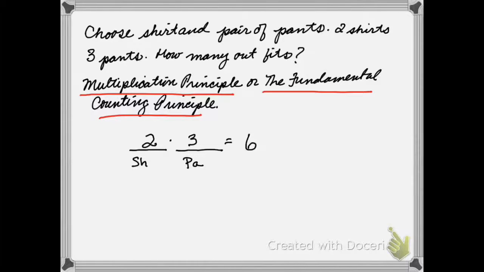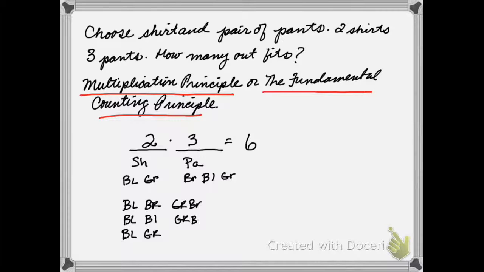If I said my shirts are blue and green and my pants are brown, black, and green, then the way that would be listed out is black shirt, brown pants; black shirt, black pants; black shirt, green pants; and then green shirt, brown pants; green shirt, black pants; green shirt, green pants.